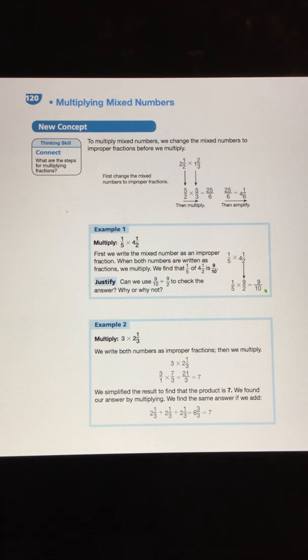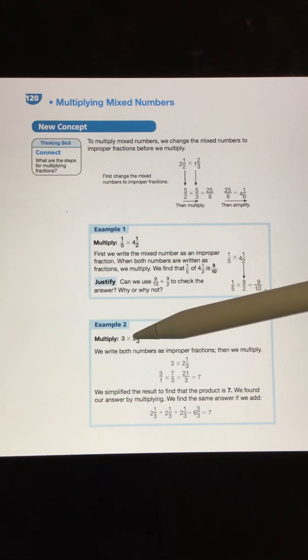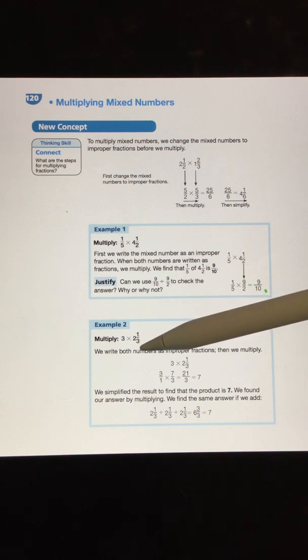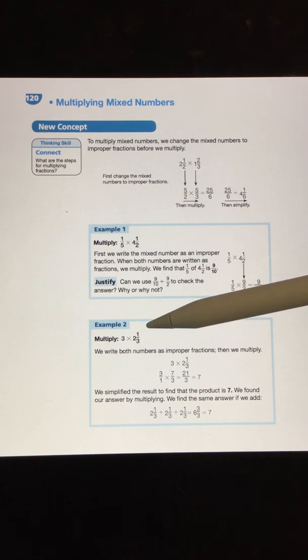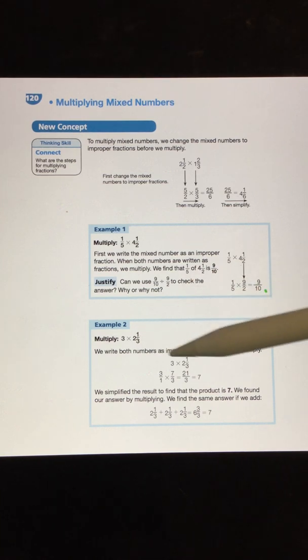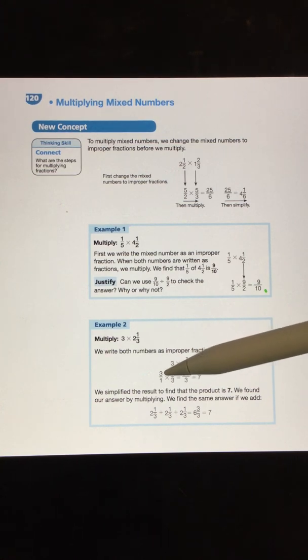All right, our next example, our last example, we are looking at 3, a whole number, 3 times 2 1/3. So I would multiply my 3 times 2, and I would get 6, and then I'd add the 1, and I would have 7/3. So then I'd put my 3 over 1 like I like to do when we're multiplying whole numbers times a fraction.